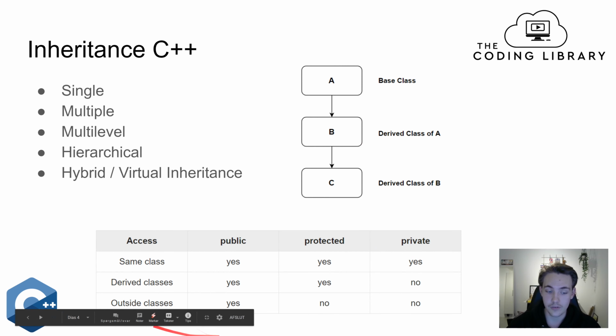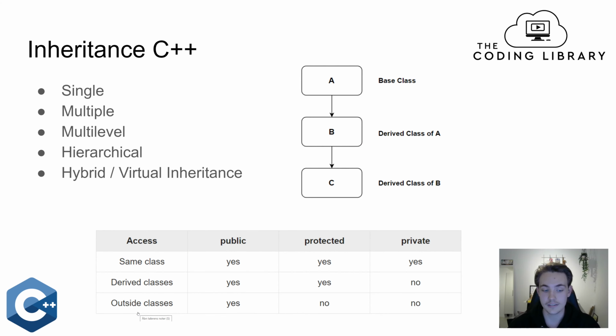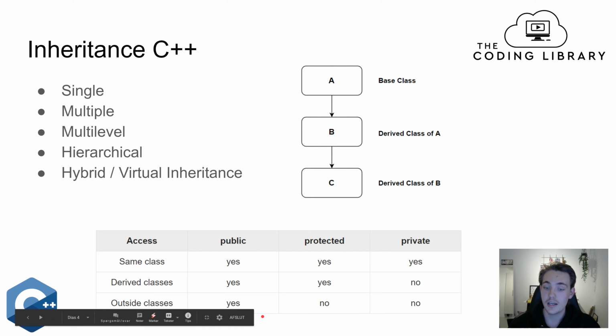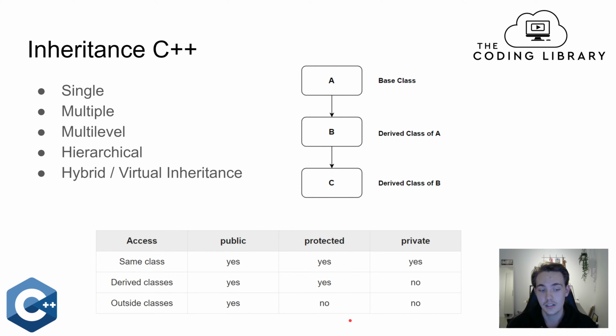And also, if we have outside classes that are not inheriting from another class, then we can only access the member functions, methods, and attributes if they were declared public, and if they were declared protected or private, we would not be able to access those attributes and methods.